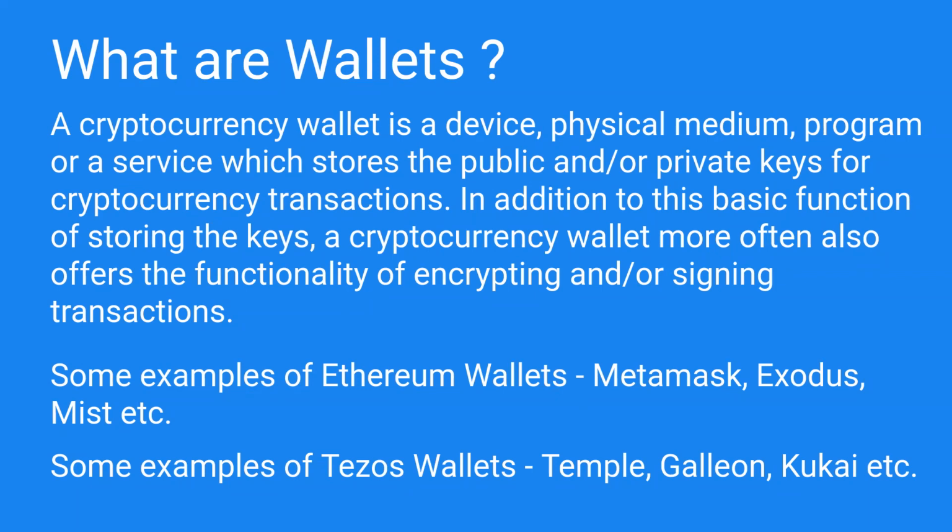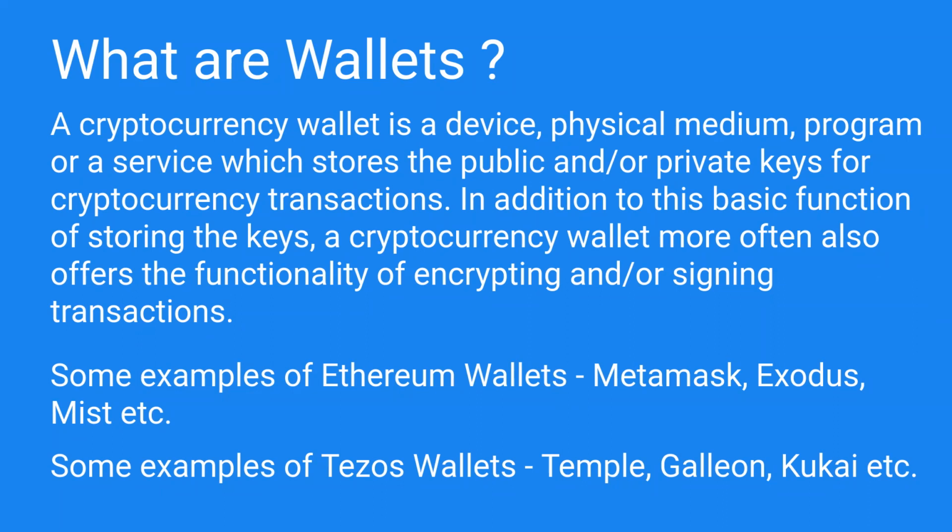Some examples of wallets that you might have used if you've worked on Ethereum is MetaMask, a pretty popular Web3 wallet. Then there are other wallets like Exodus, Mist, and so on. On Tezos, you have probably found wallets like Temple, Galleon, Kukai, etc. These are mostly web-based or desktop-based wallets.